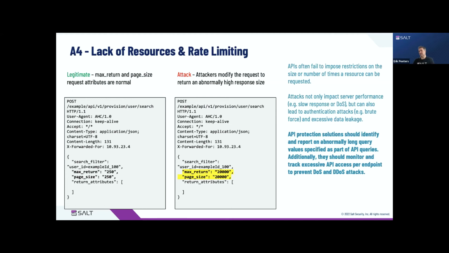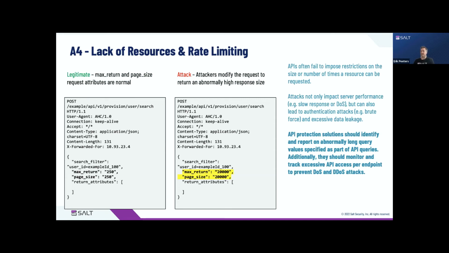Number 4 in the list, lack of resources and rate limiting. That makes your applications prone to DDoS attacks, which can lead to 500 errors. What we see here on the left side is a legitimate post, where the max return is set to 50 and the page size is set to 250 as well.